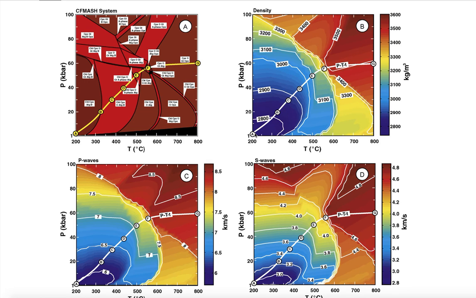So then your rock sample will become more and more dehydrated, starting here with a density of 2.8 gram per cubic centimeter.